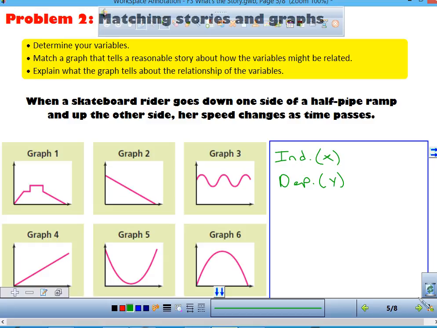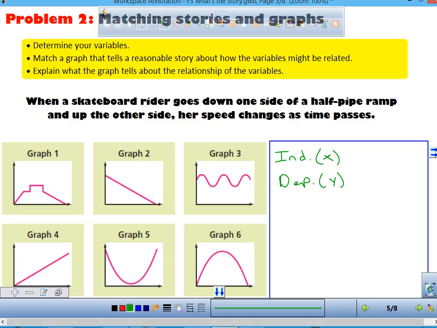Now, before we pick a graph, you have to choose the variables. What two things is this talking about? Speed and time. It's talking about the skateboarder's speed and the time that they're skateboarding.